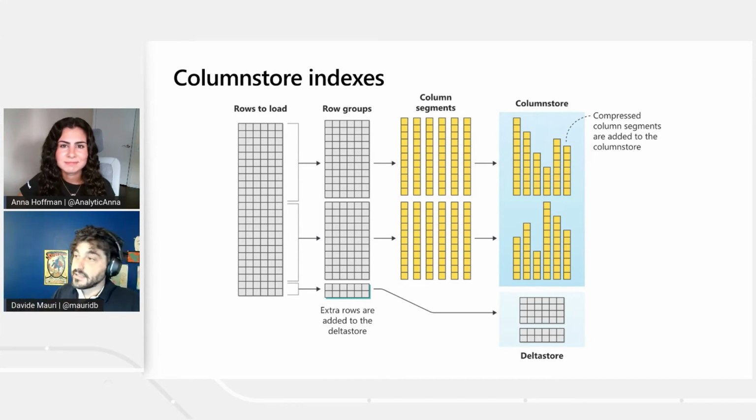Then when you need to access it, let's say you want to calculate the average temperature grouped by device returned in the last 5 minutes, the engine can just read the columns you are interested in. So even if you have a table with hundreds of columns, we are only going to read the device ID and the temperature. They are super compressed, so they are super efficient to read.